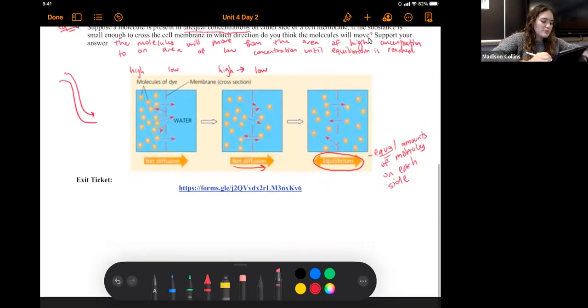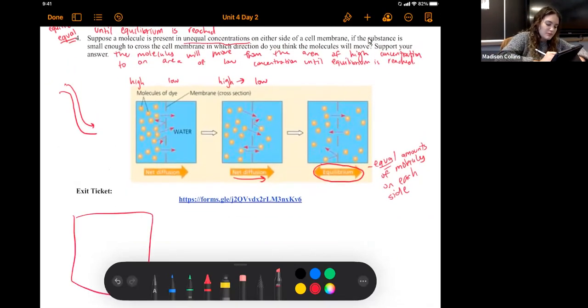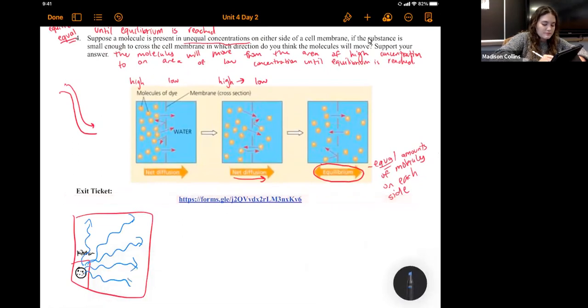So although those molecules might start out in the kitchen, so here's my cookie. Eventually, over time, those molecules of cookies are going to go all across your house and make the entire apartment smell like cookies.